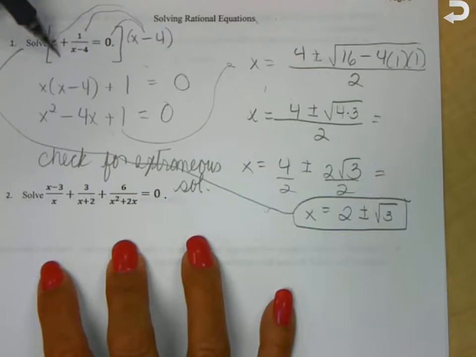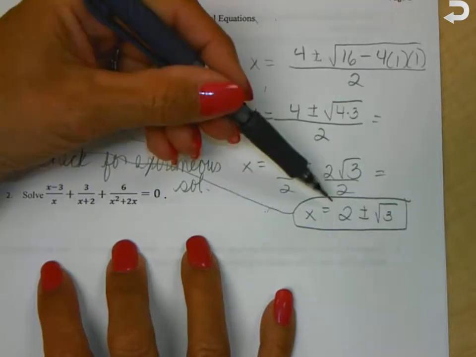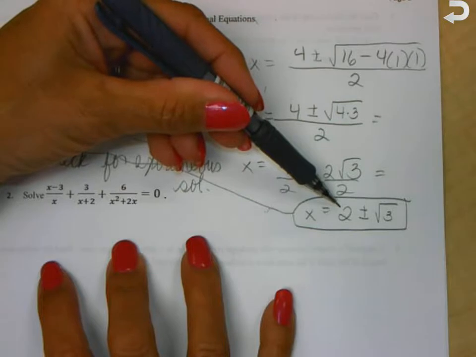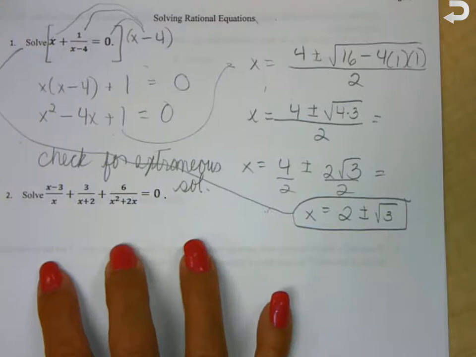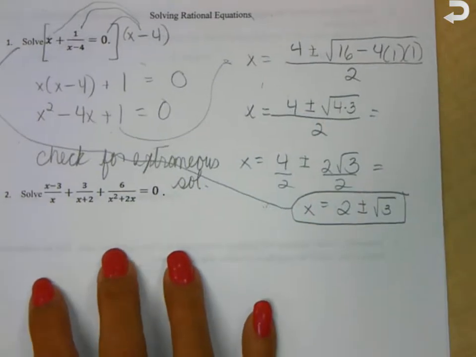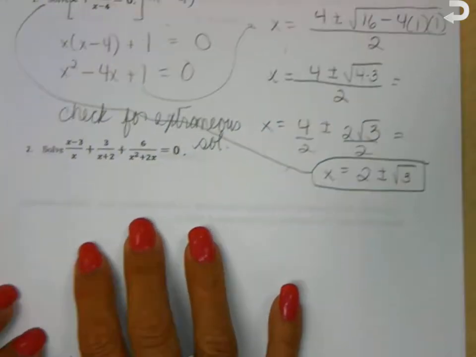Nor if I plug in 2 minus the square root of 3. If I check these on my calculator or check these longhand, I'll find out that plugging in either 2 plus square root of 3 or 2 minus the square root of 3 will both be solutions to this equation. So neither is extraneous.